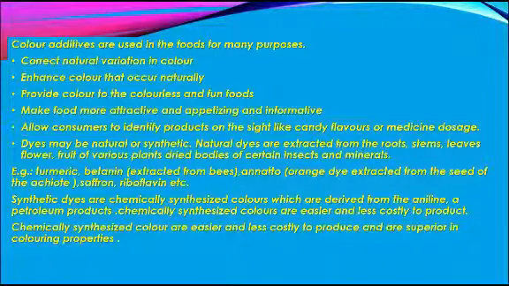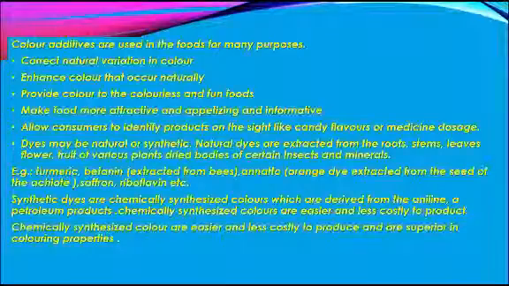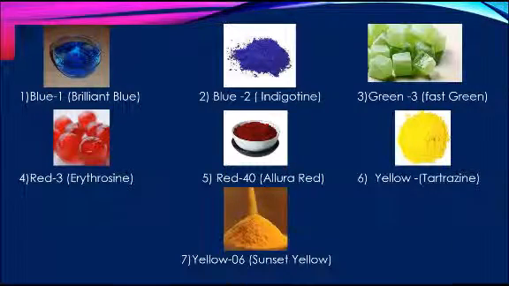The next is the different examples we see over here of the dye, such as brilliant blue, indigotine, fast green, erythrosine, allura red, tartrazine and sunset yellow. When we are buying any product and we look into the ingredients, we don't find these kinds of colored names in it.